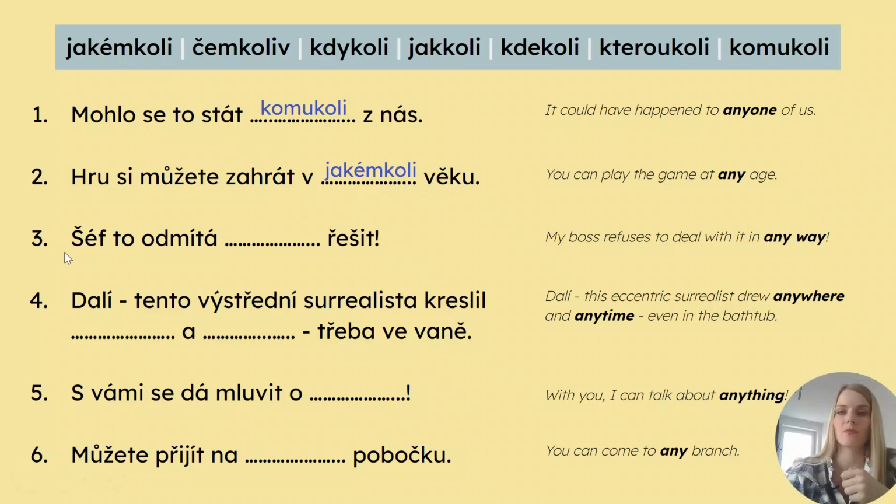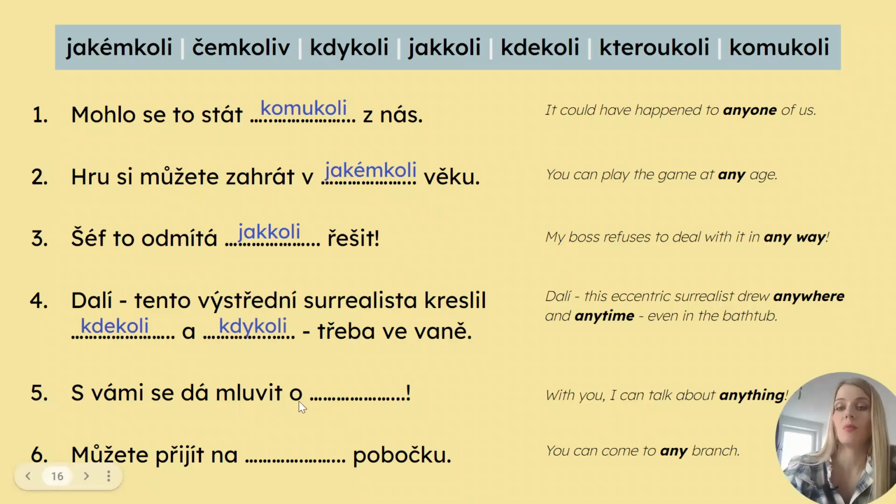Číslo 3. Šéf to odmítá in any way, and that's jakkoliv. Jakkoliv. Šéf to odmítá jakkoliv řešit. Číslo 4. Dalí, tento výstřední surrealista kreslil anywhere and anytime, kreslil kdekoliv a kdykoliv, třeba ve vaně. 5.